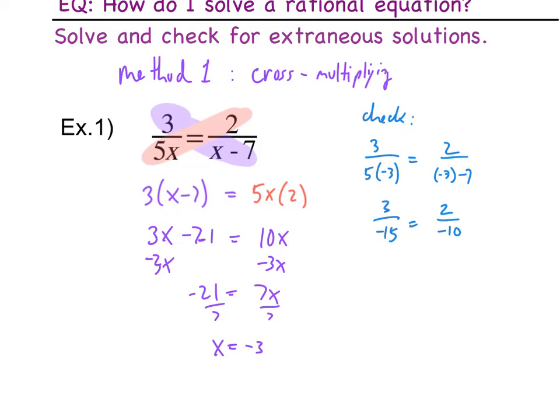Remember, we're just supposed to be simplifying each side, so that gives me negative 1/5 equals negative 1/5. So it works out. Okay, so negative 3 is the solution there.